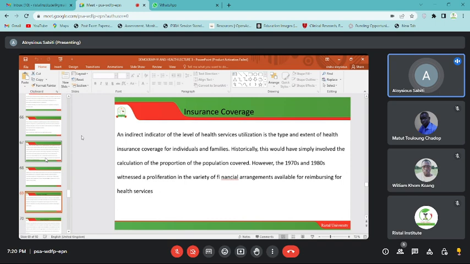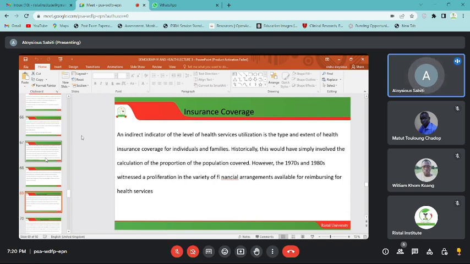However, of late, there are different financial arrangements. Instead of seeking healthcare directly, people make agreements with the health facility, there is also out-of-pocket payment, and there are also people who make agreements with financial institutions.